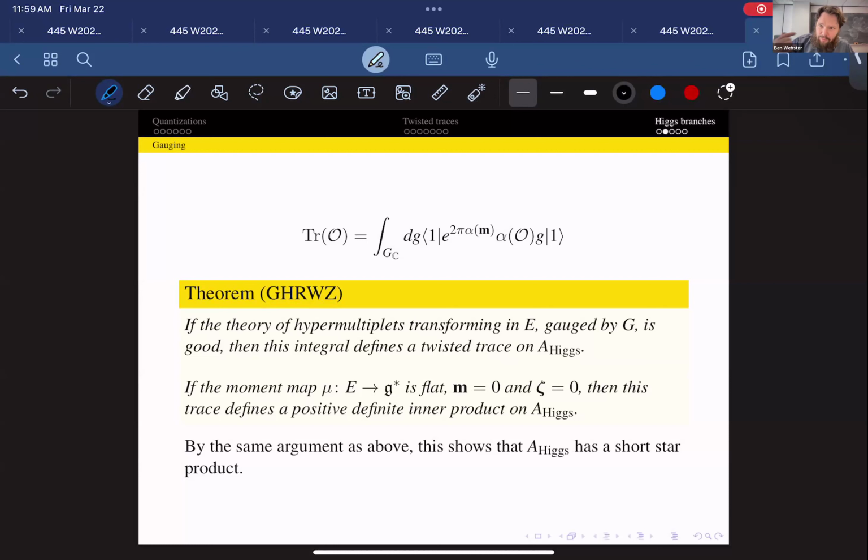So really, I can write it as an integral over the Cartan complement to the compact part. If I were thinking about GL_N, I would be integrating over the positive definite matrices instead of the unitary ones, because the unitary ones aren't doing anything interesting. I'm just using polar decomposition.